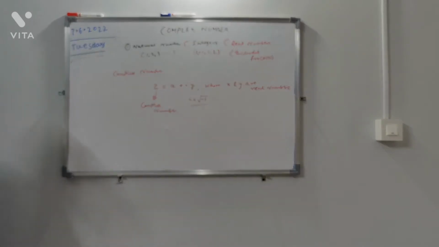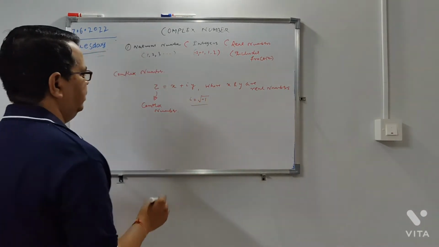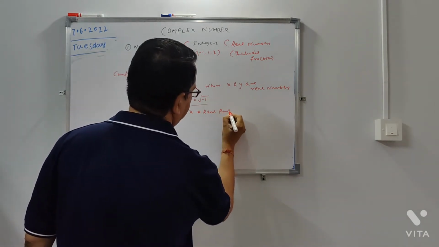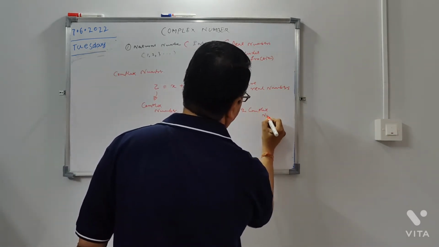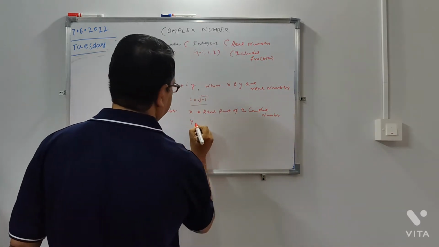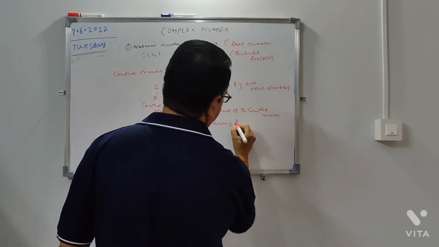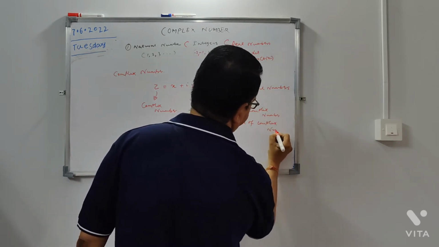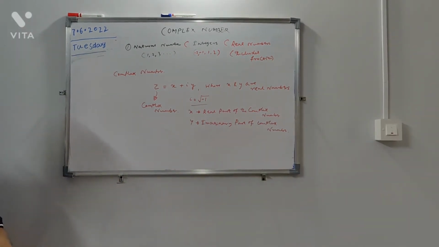In this complex number, x is called the real part and y is called the imaginary part of the complex number.